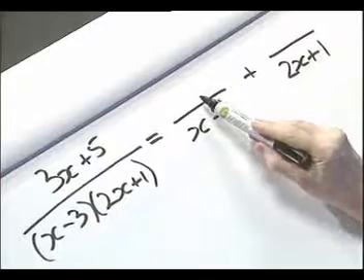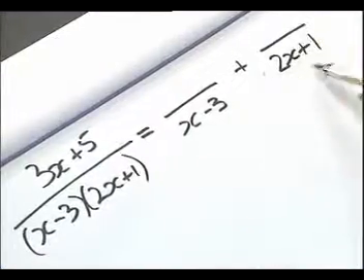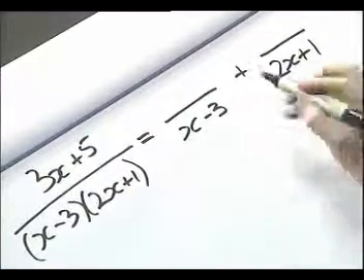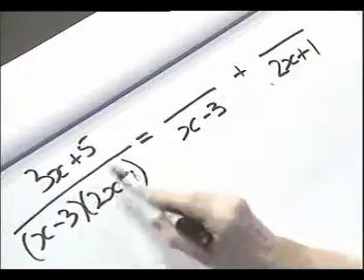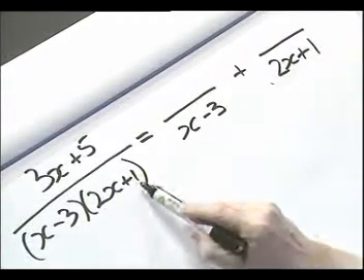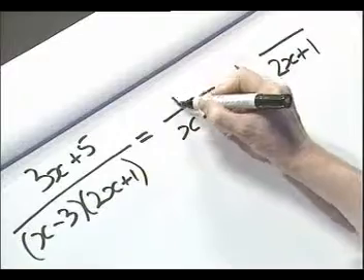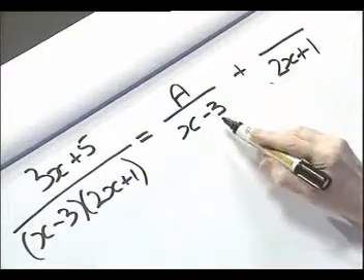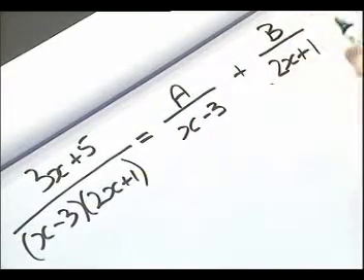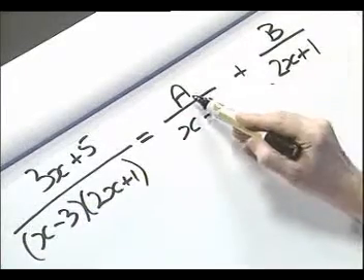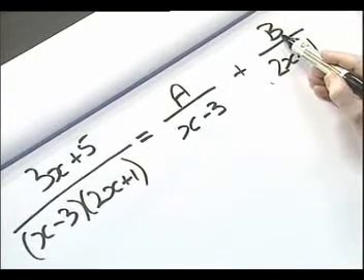They can only be plain numbers, because if they involved x or powers of x, then these would be improper fractions. So we're quite entitled to say that 3x plus 5 over x minus 3 times 2x plus 1 is a over x minus 3 plus b over 2x plus 1, where a and b are just plain numbers.